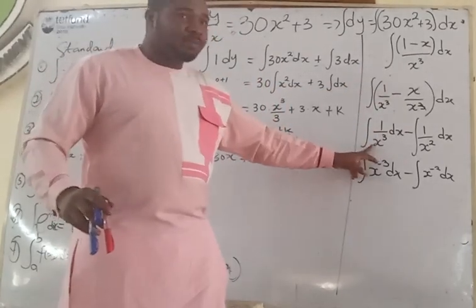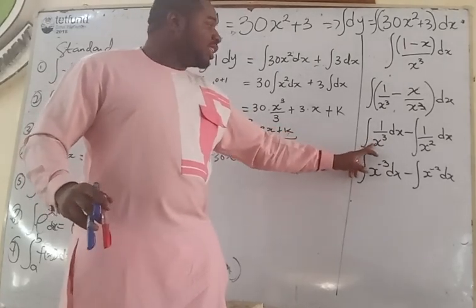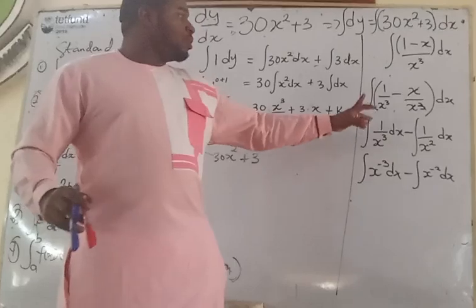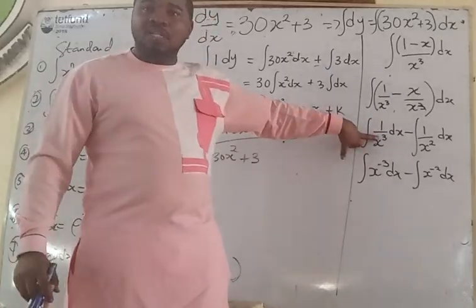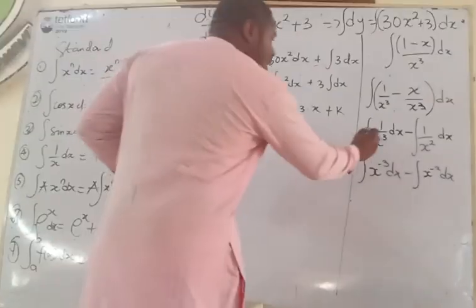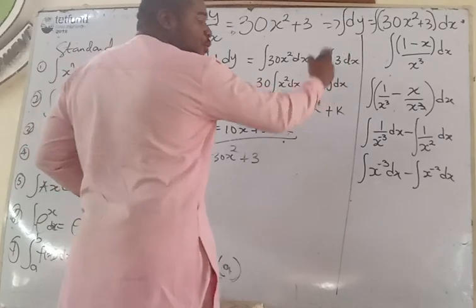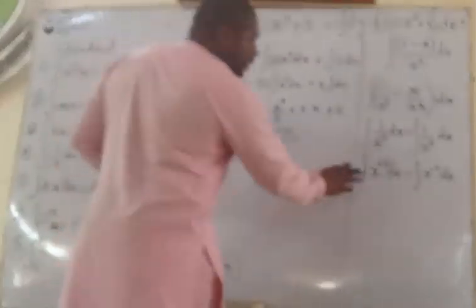This part is very simple because I can use indices to push this x squared up. If I do that, the positive here will change to negative. And going up, we make this become positive. Are we together? Fantastic.